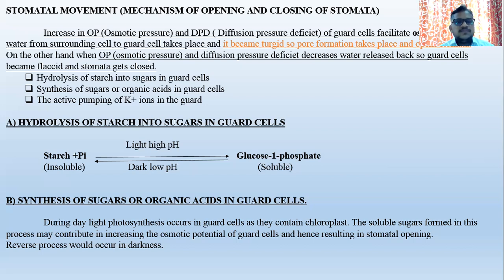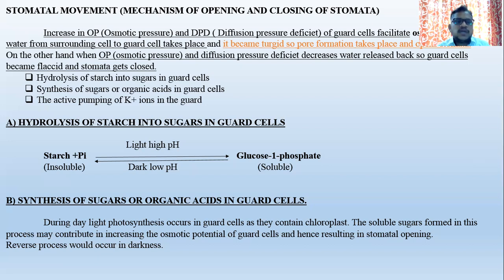Because of that, the diffusion pressure deficit and osmotic pressure of the guard cell decrease, and the water which came into the guard cell is released back to the mesophyll and epidermal cells, so that it becomes flaccid and the stomata close.